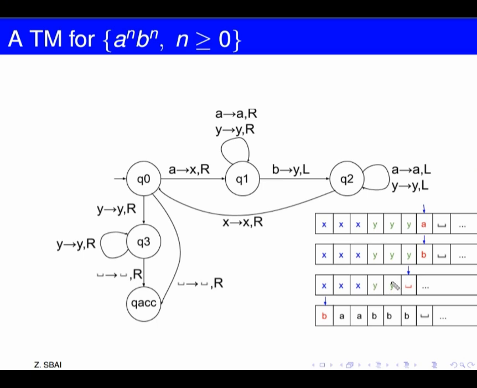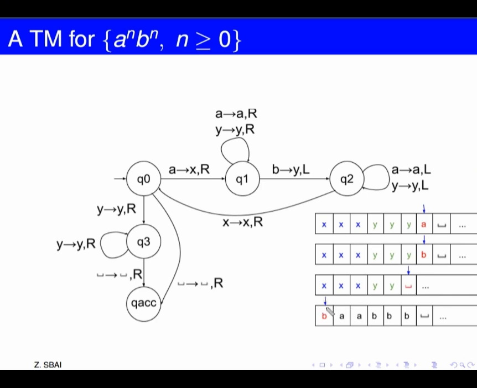Also, if we have double Y's and 3 X's here, 3 X's means 3 A's, double Y's means there were double B's. So here, if we find this blank symbol, it means that there's a missing B here and we will not accept.